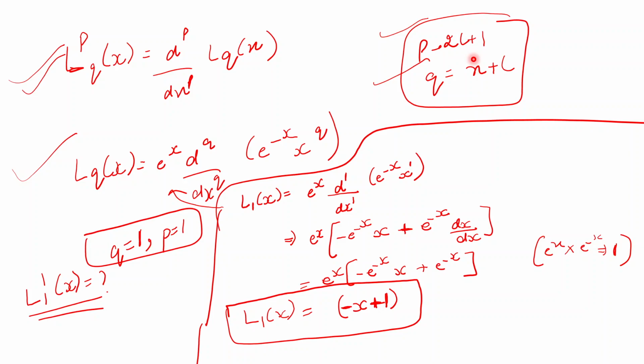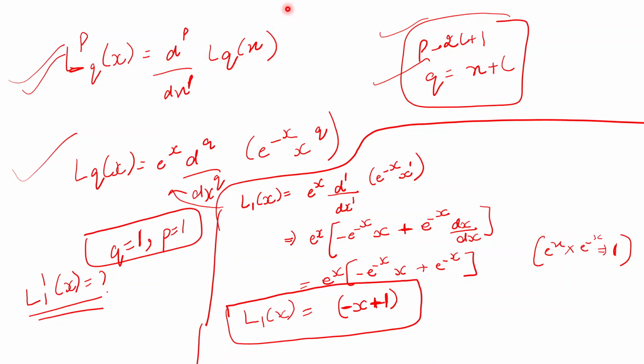They can simply ask you in terms of N and L. From that you can calculate the PQ value, like P is 2L plus 1 and Q is N plus L. Suppose in your question it is asked what's the Lagrange polynomial for L12, if P is 1 and Q is 2. For solving this you need the value of LQX, which is d raised to power p divided by dx raised to power p, and then multiplied by LQX.